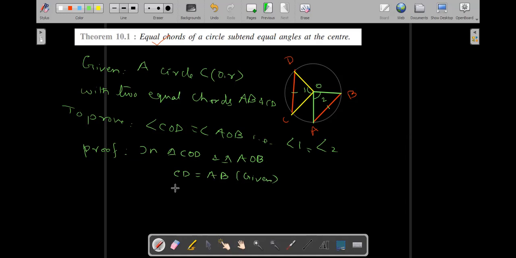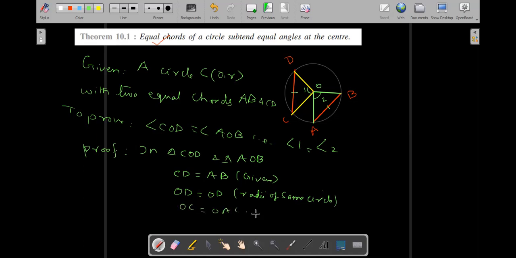Then OD will be equal to OB because they are radii of the same circle. Similarly, OC will be equal to OA.